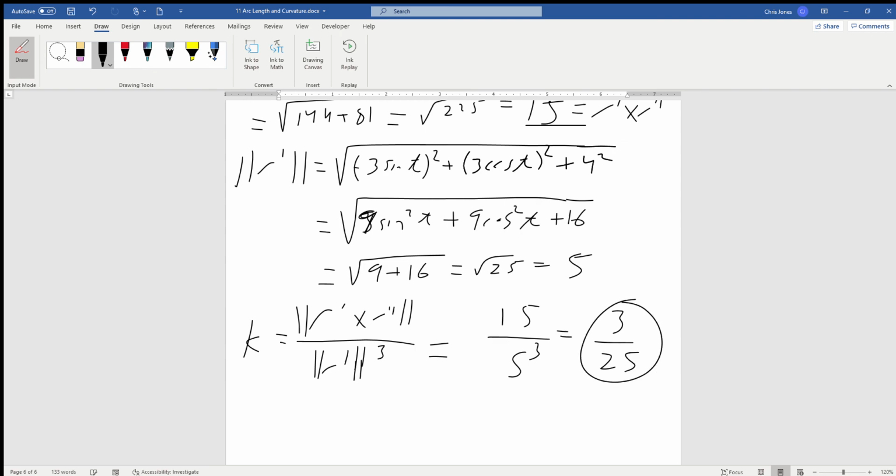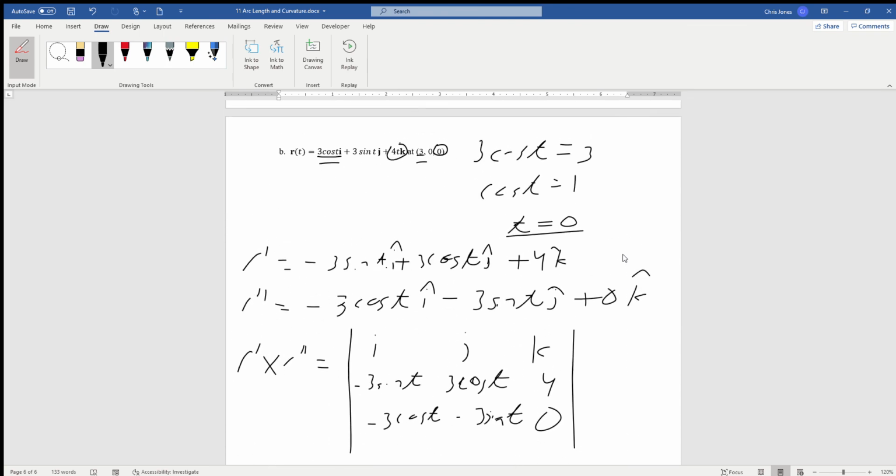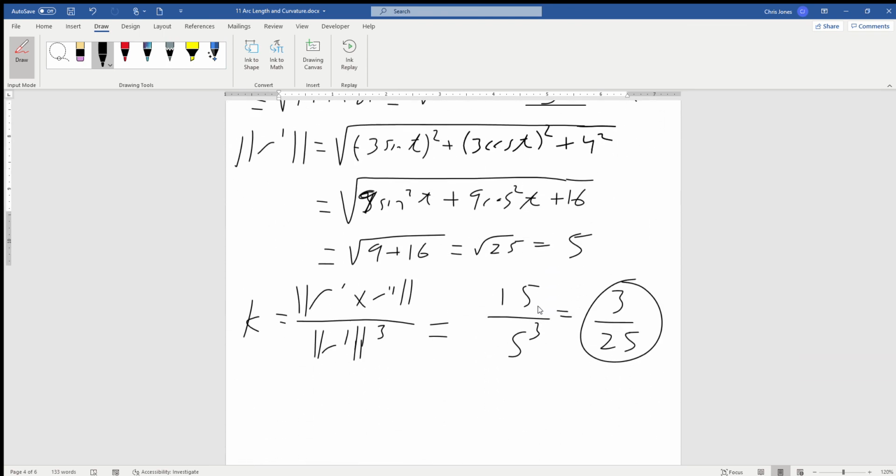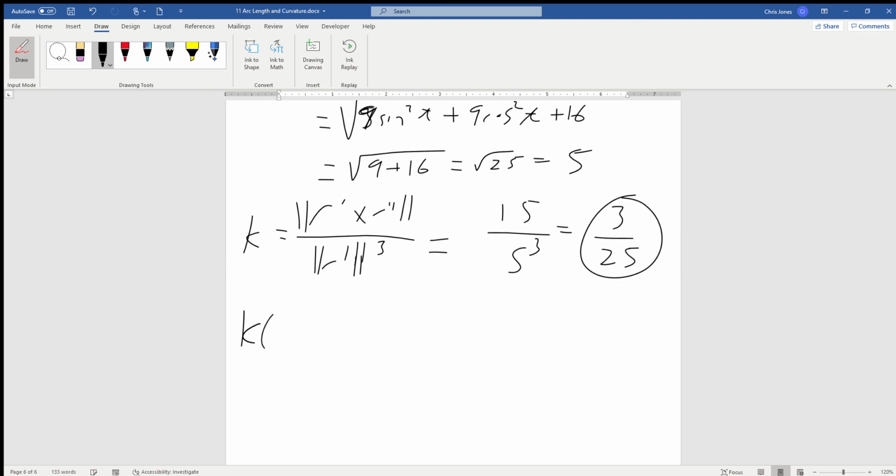Now, we're really looking for K at t equal to 0. But that's really easy because K at 0 is 3/25. In fact, K at any point, or K at t, is 3/25.